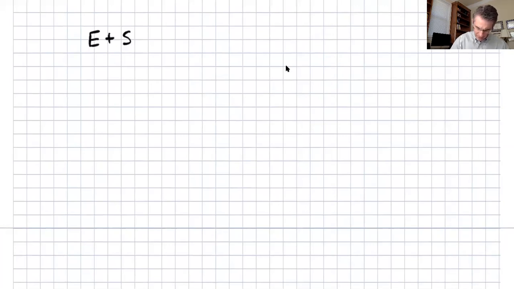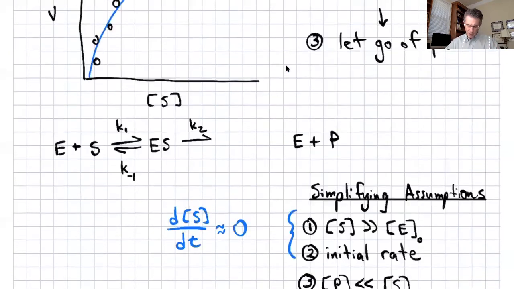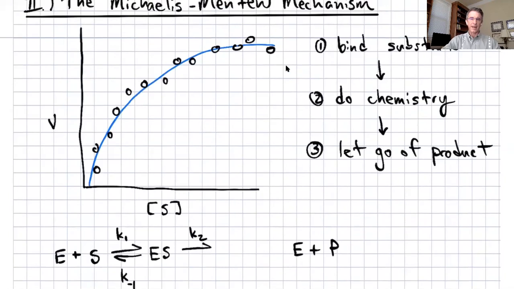Enzyme plus substrate makes the enzyme substrate complex, K1, K minus 1. And then with rate constant K sub 2 makes enzyme and product. That's a whole lot better: many, many fewer rate constants, many fewer species. It's great. But what we still need is an expression that lets us explain this phenomenon of saturation kinetics.